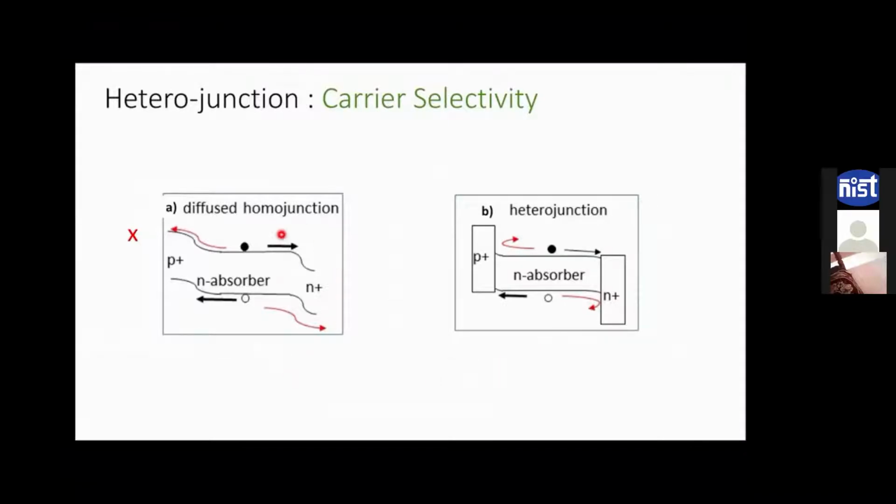Now, what happens if you have a homojunction solar cell? That means the absorber and your carrier collection layers are made of the same material. So if it is your N-type crystalline silicon, then you have a P-type crystalline silicon material as your carrier transport layer, making a junction with your N-type crystalline silicon.